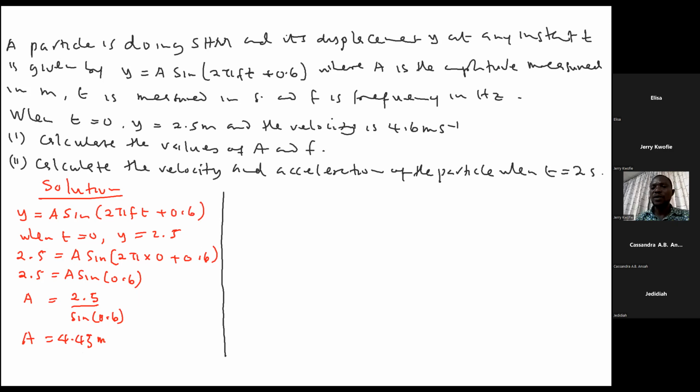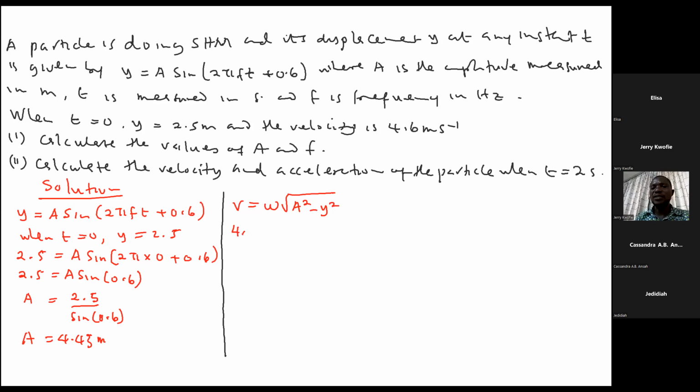We write v is equal to omega root of a square minus y square. Now, when we make the substitutions, we can get omega. Once we get omega, we'll be able to get the frequency. So let's make the substitution. Velocity is 4.6.